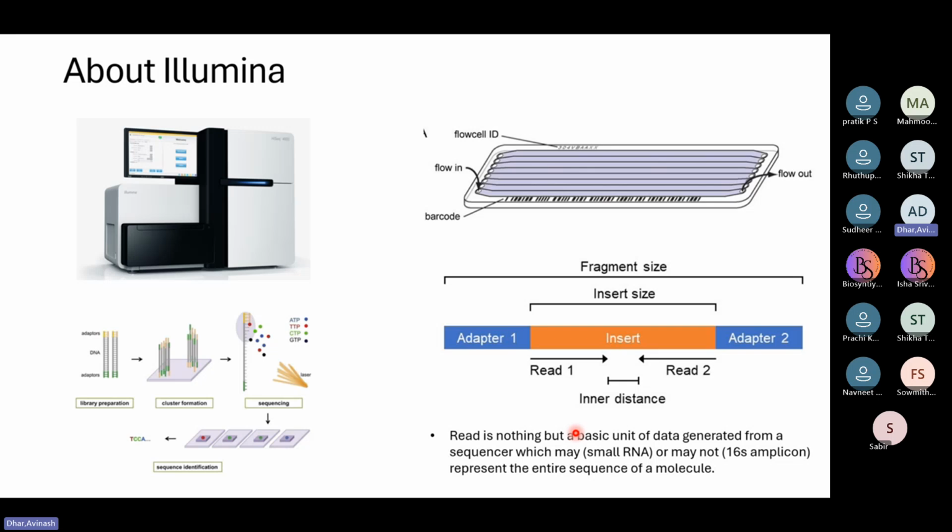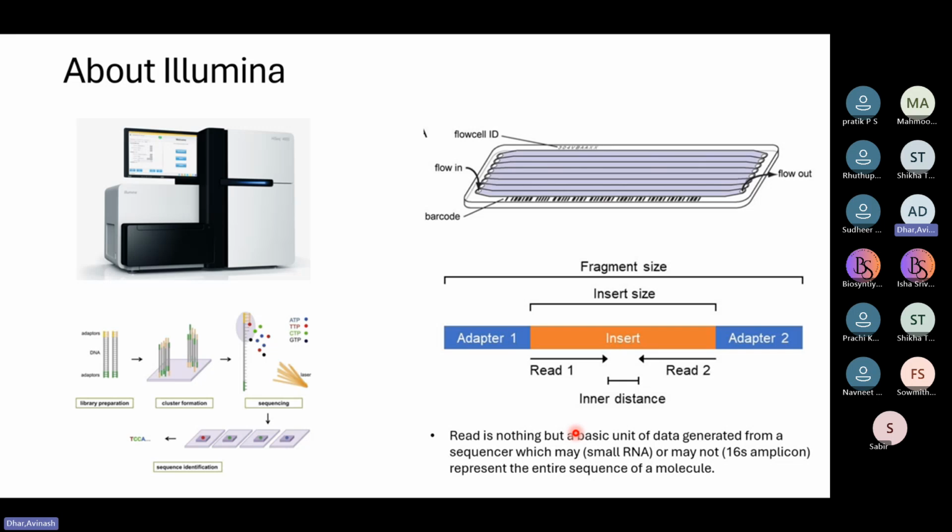If it is a small RNA molecule, which ranges from 18 to 50 base pairs, then one read would represent the entire molecule. But when we talk about something bigger, for example the 16S rRNA gene in bacteria, that region itself is around 1500 base pairs, so you can't sequence that entire region in one go using Illumina sequencing technology.